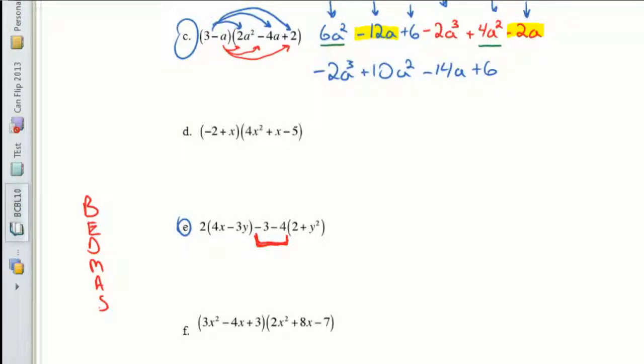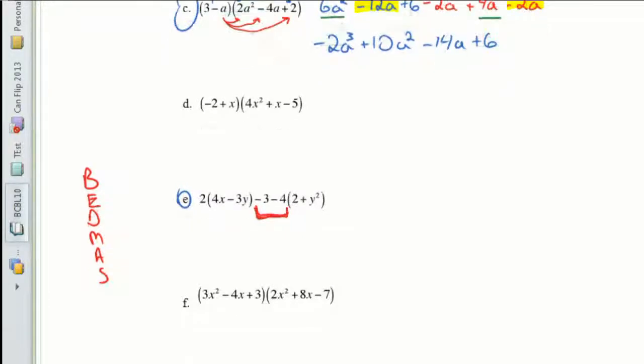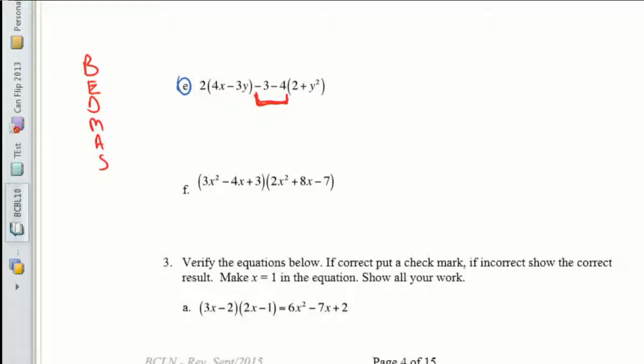So anything inside my brackets, no. I don't have any exponents. So I guess the next thing I need to do would be my multiplication. So I'd be really tempted to add the -3 and the -4 here together.